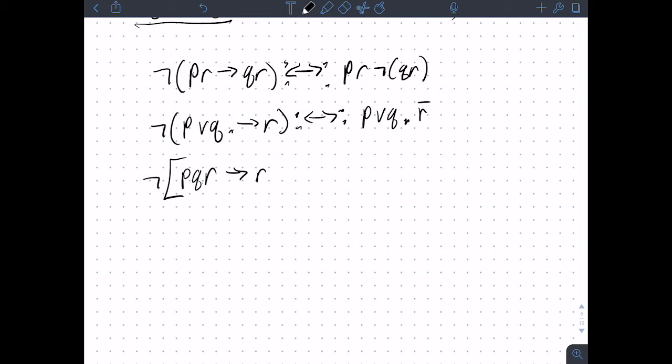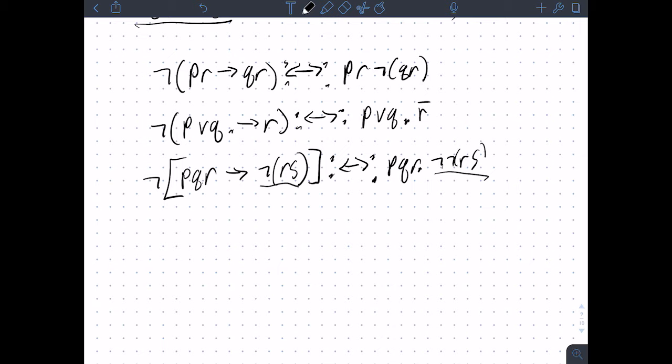Oh, wait, that's negation. So this one is equivalent to this. Because the consequent here is already negated, we double negate it here, so not not RS.